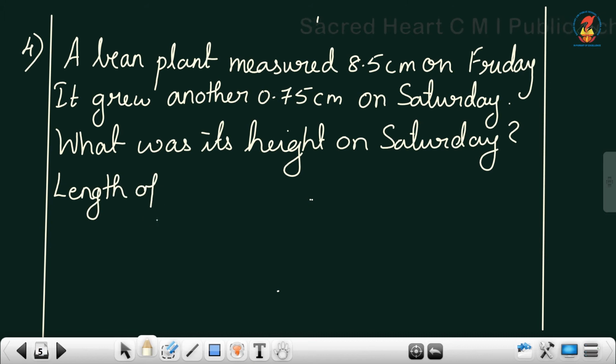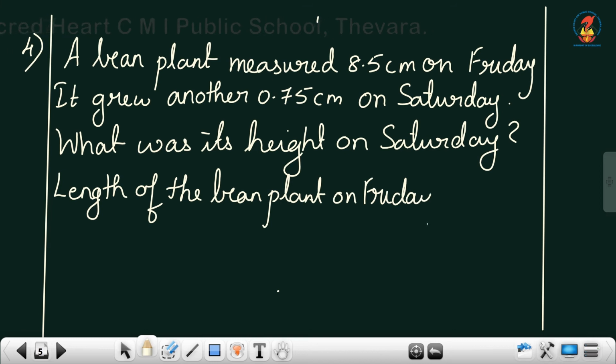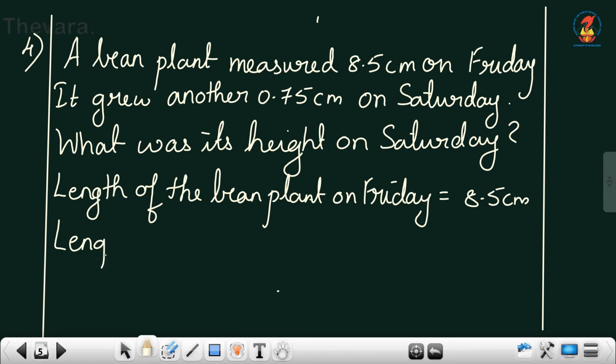Length of the bean plant on Friday is equal to 8.5 centimeter. Then length of the plant on Saturday.